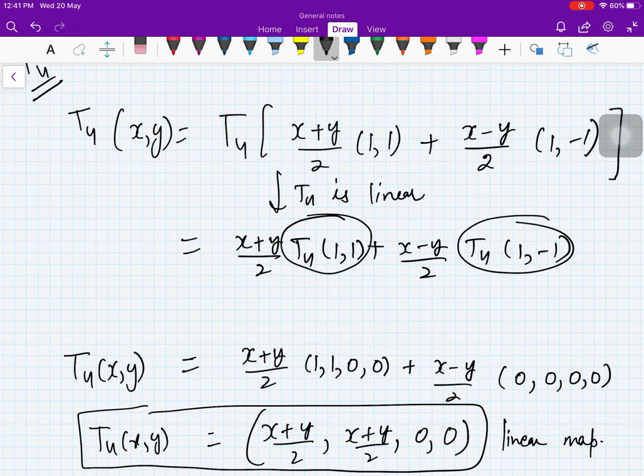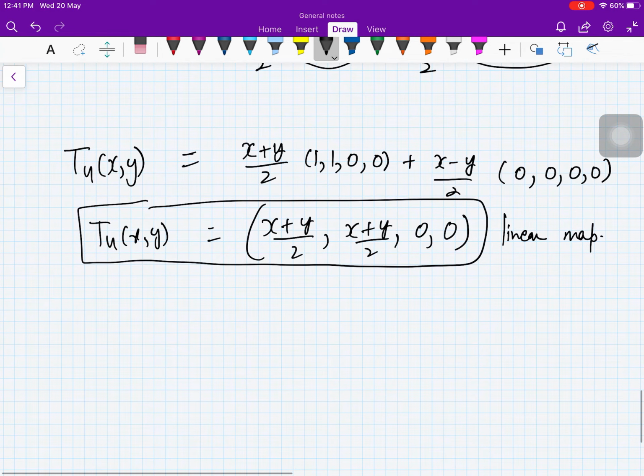So this is how you construct different linear maps. In this video, and the videos on linear transformations so far, we have seen the basic definition of linear transformations, and how a linear transformation is constructed.